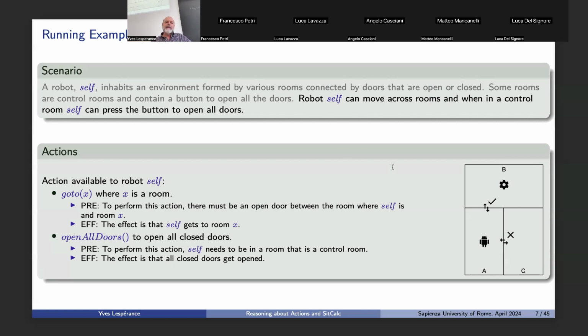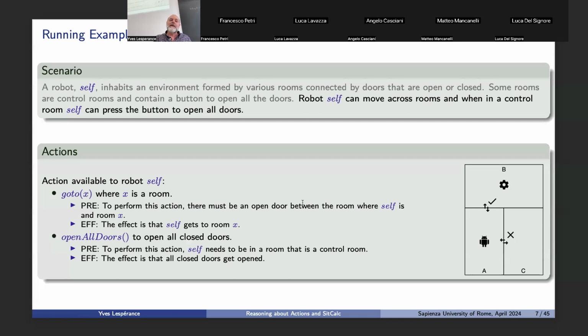And here we can represent the actions that are available to the robot. One is to go to a room X. There is a precondition for this action: there must be a door between the room where the agent is now and room X, and this door must currently be open.